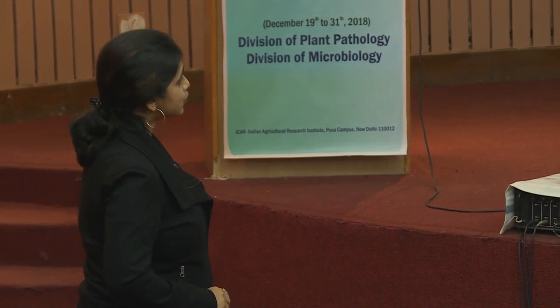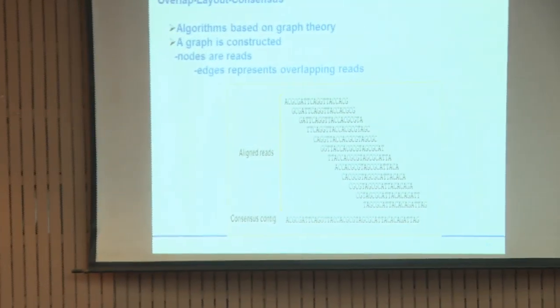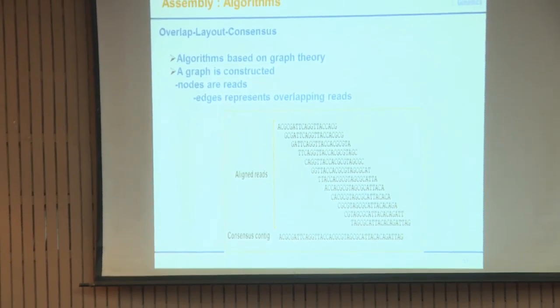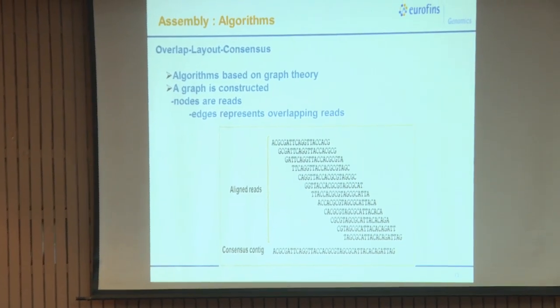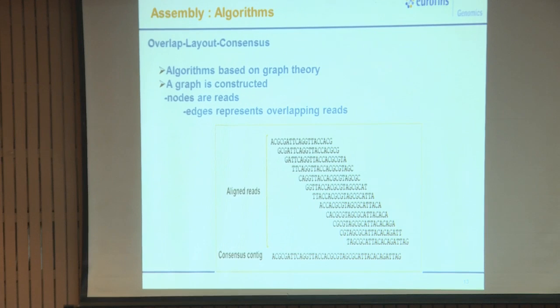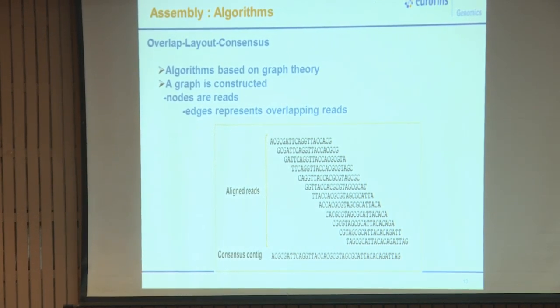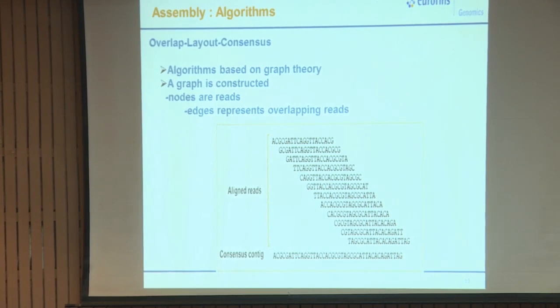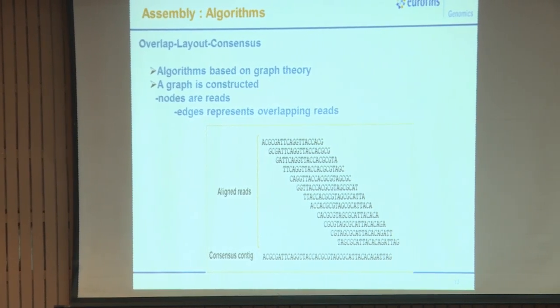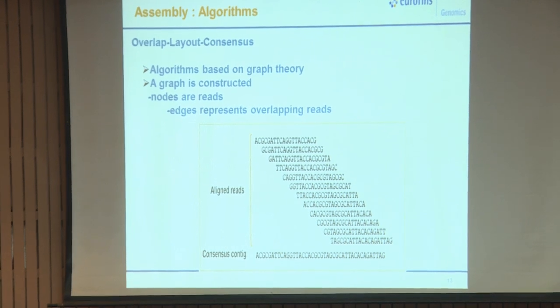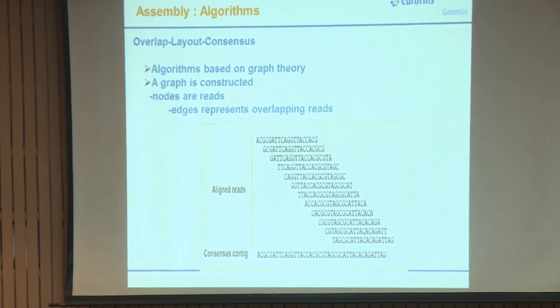So, what happens is nodes are my reads and edges are my overlaps. Just imagine the mathematical network of nodes and edges, one line here, a circle here, again one circle, one line. This network is getting created from millions of reads. Just imagine the computational power required for doing millions of sequences.